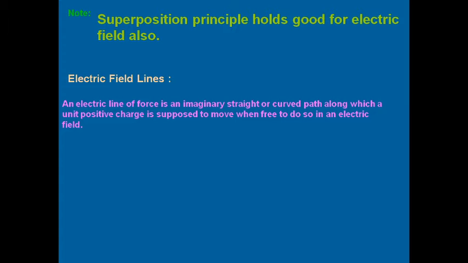It means if the charge would move, it would move along a path, and that path may be curved or straight, and that path is called electric field lines. It is also called electric lines of force. Electric field lines do not physically exist, but they represent real situations. They are only imaginary around the charge, but they practically represent the real situations.